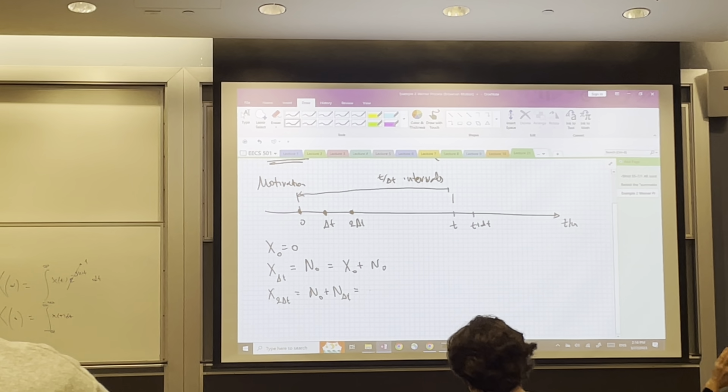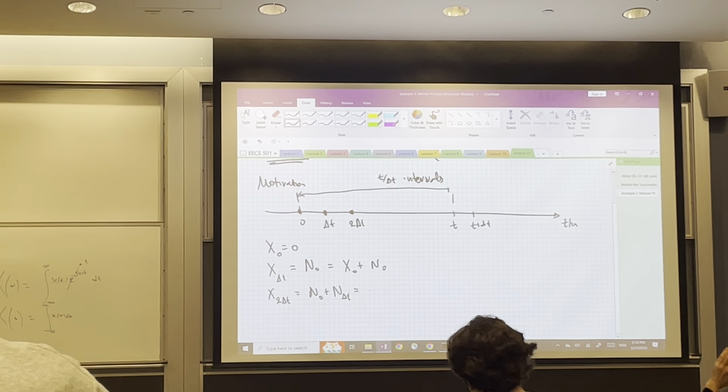Suppose this is xs and this is xt. So xt minus xs can be thought of as the process increment in s comma t. Okay, and xs can be thought of as the process increment in 0, s.